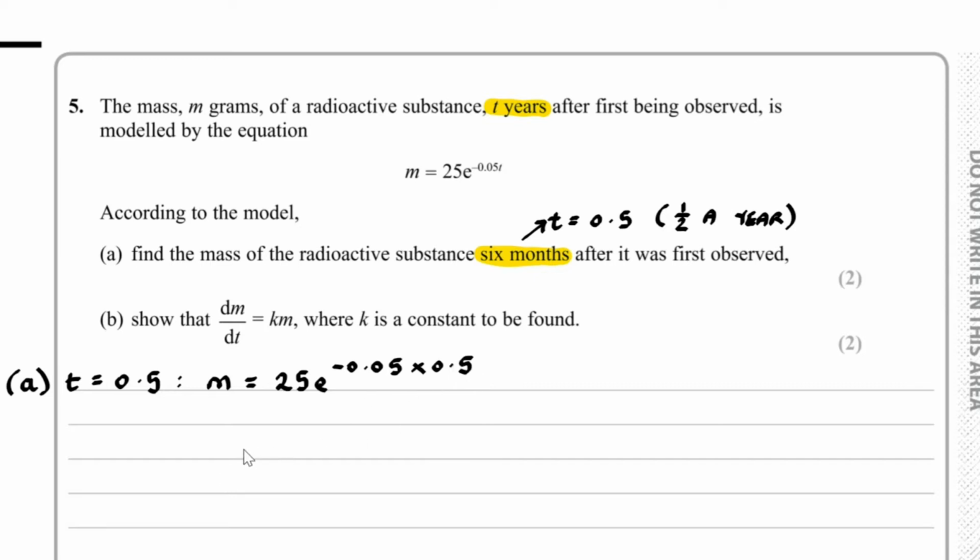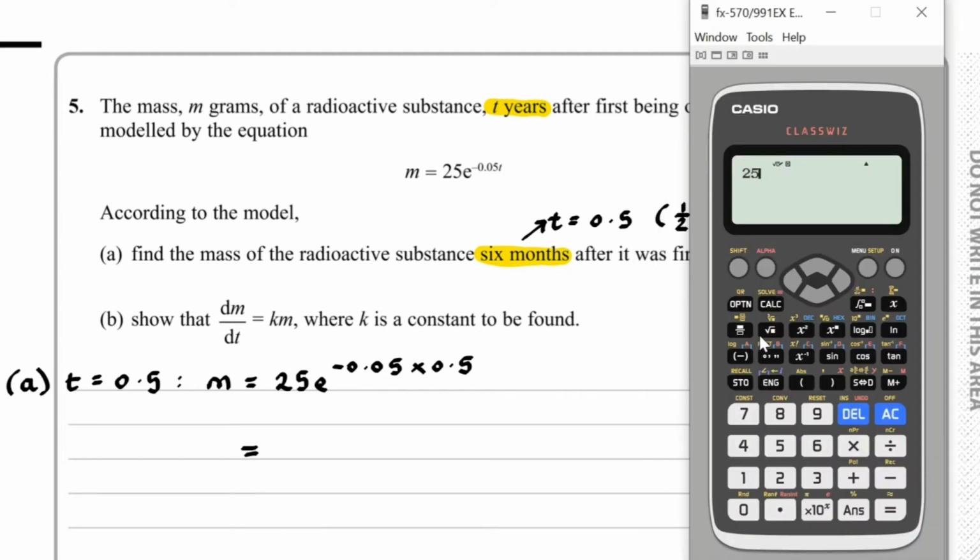And if we work out the value of this to 3 significant figures, it turns out we get 24.4 grams to 3 significant figures.